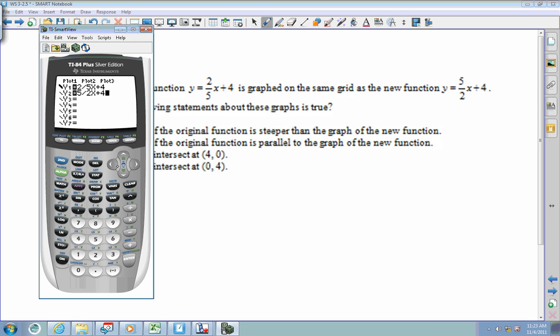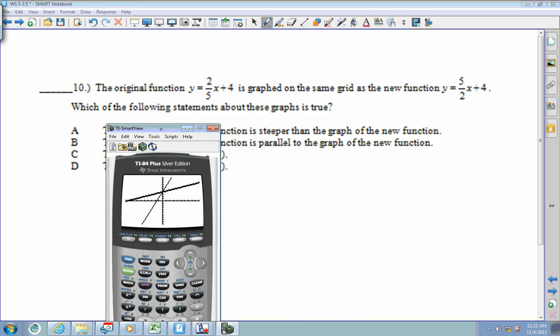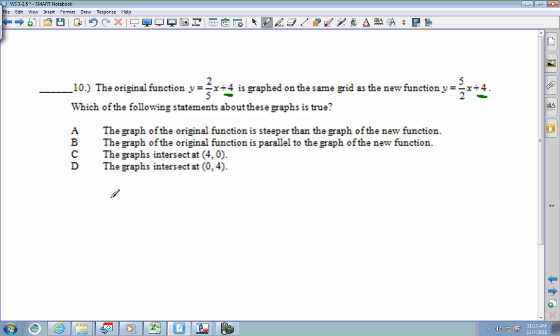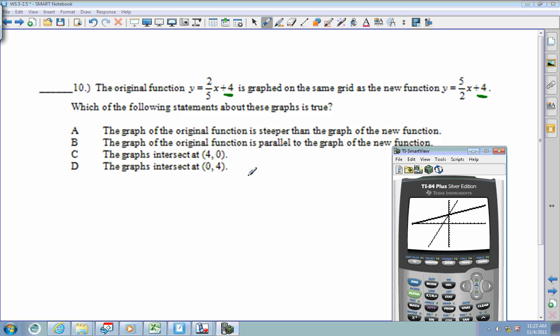Okay, I'm going to press graph. Here's the first one, and there's the second one. Okay, well, what do I notice first? First, I should be able to look at my equations right here and see that both of my y-intercepts are 4. So I know that they're both going to intersect at 4.